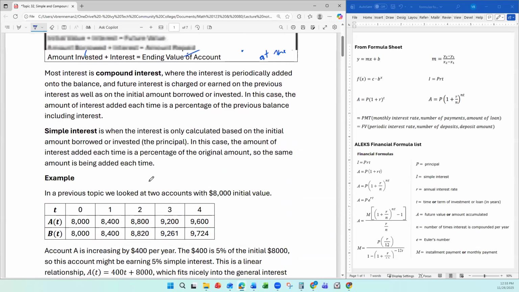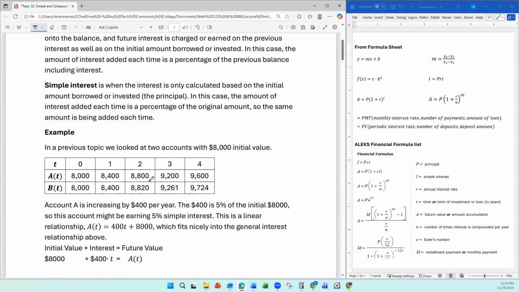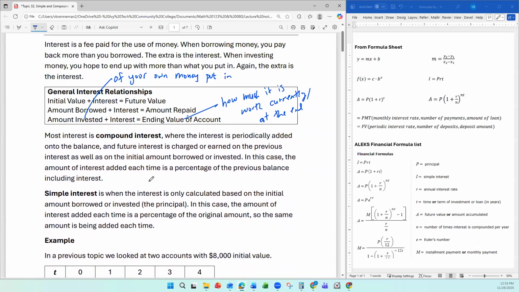For simple interest, you can calculate the total interest added on and get the future value. For compound interest, you can't do that. For compound interest, we have to rearrange this, so we'll get to that. But this is simple interest only.